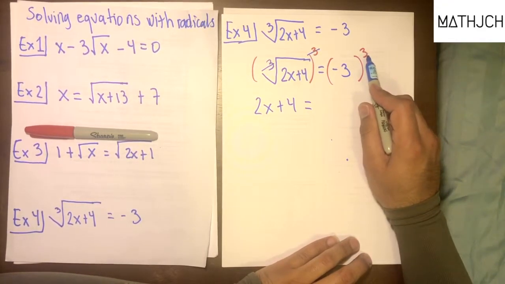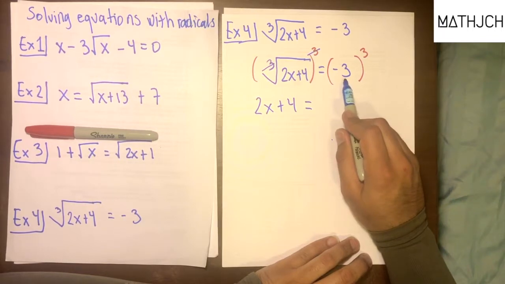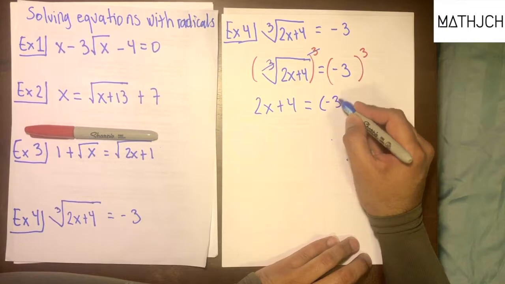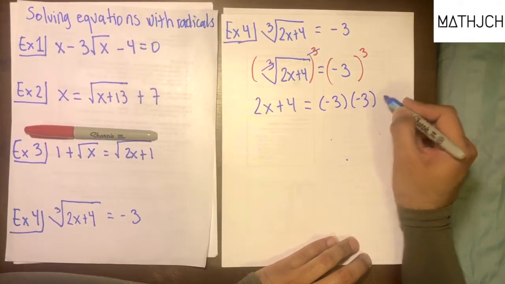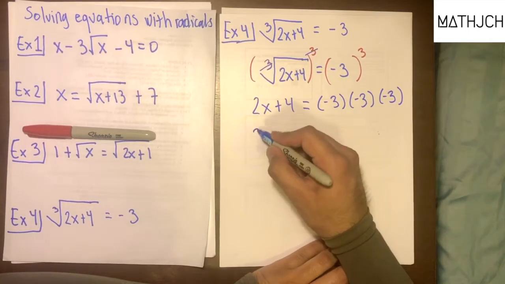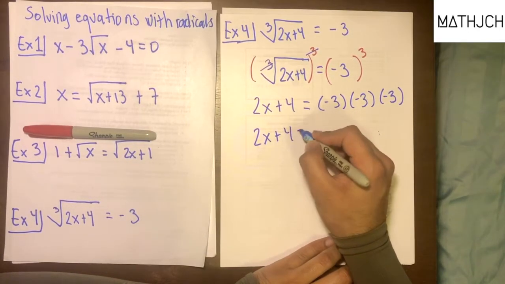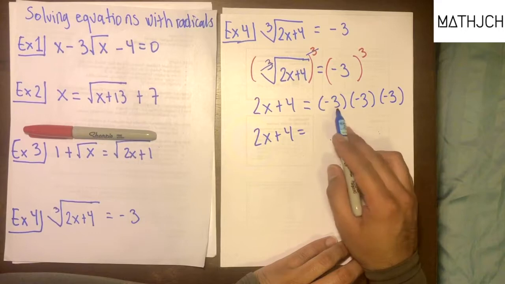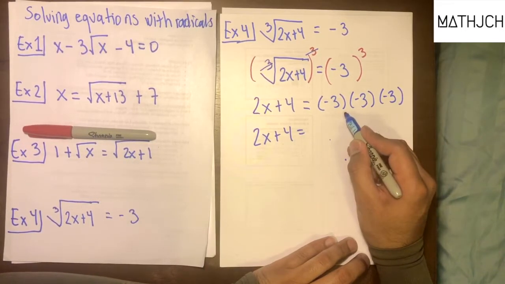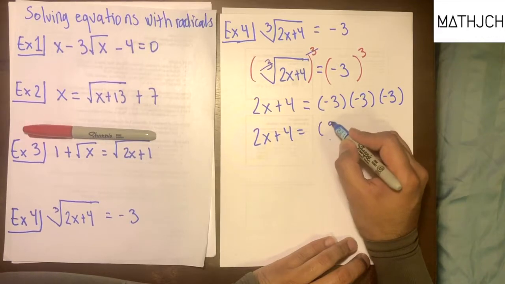This power 3 means that you're going to multiply this number by itself 3 times. So we're going to have negative 3 times negative 3 times negative 3. So let me bring this one down and let's multiply those numbers. Negative 3 times negative 3 gives us positive 9.